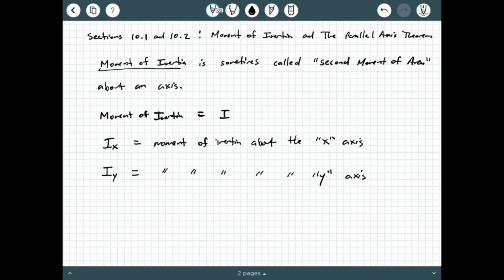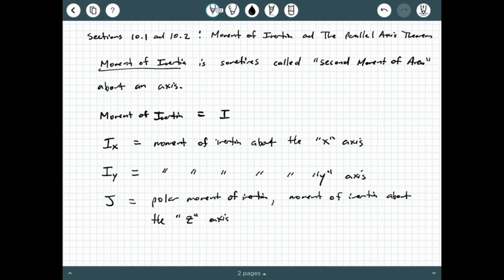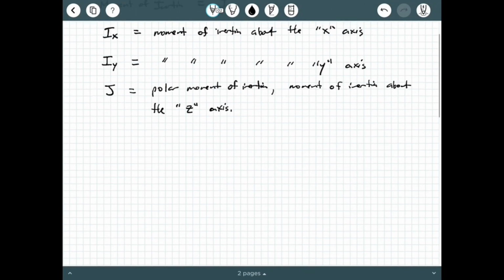And then we have something called J, which is sometimes called the polar moment of inertia, which is the moment of inertia about the z-axis. Now, all of these values have units of length to the fourth power.